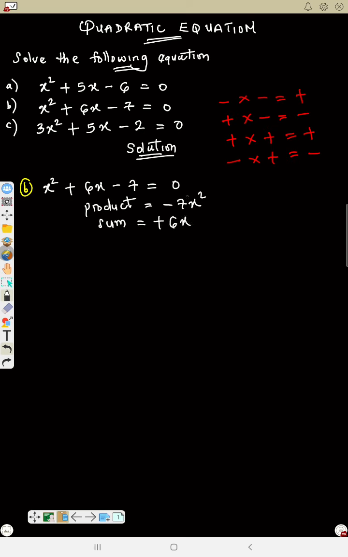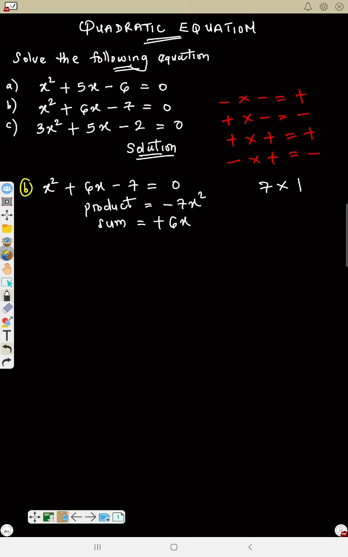Now what are the numbers you can multiply that will give you 7, and if you add them, you get 6? Nothing can go here apart from 7 times 1. So the only number that can give us 7 is 7 times 1, no other number.